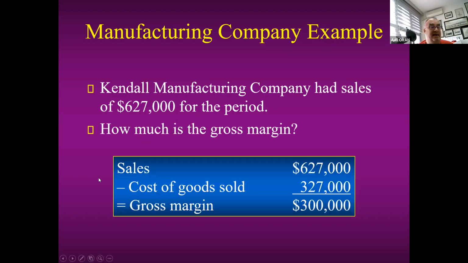Okay, so sales revenue, 627,000 minus the cost of goods sold, 327,000, shows us that we had 300,000 of gross profit. So we were able to sell our inventory that we bought and produced for a price exceeding its cost by 300,000, is what this partial income statement is telling me.